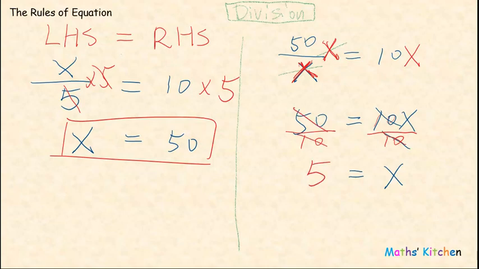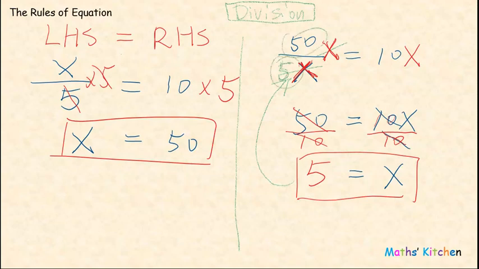Now, this is your answer. You can check your answer by putting your answer 5 back to the variable x in here. Now let's see, 50 divided by 5 is equal to 10. Checked. This is the end.